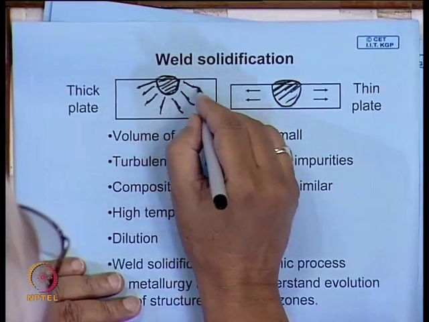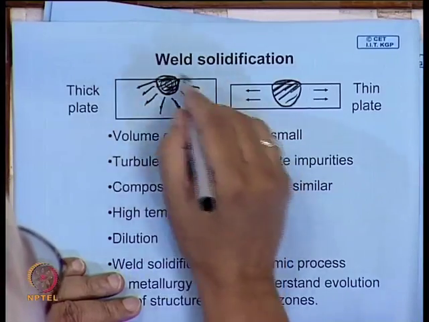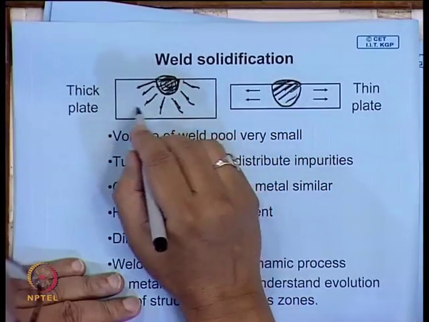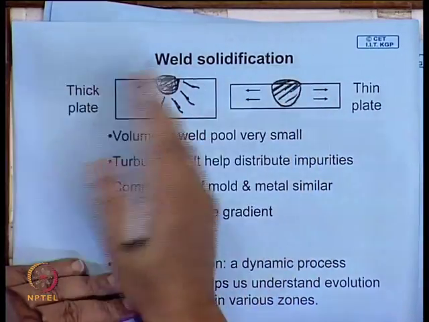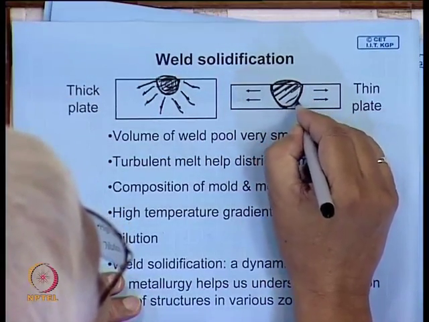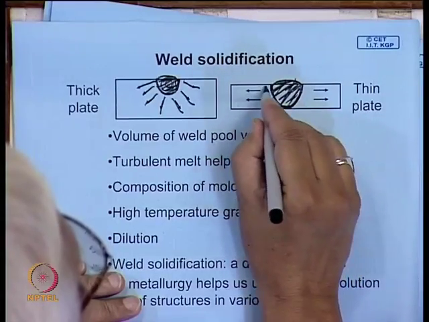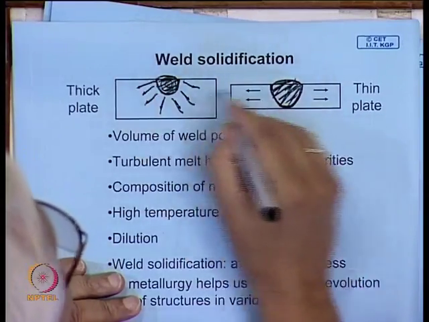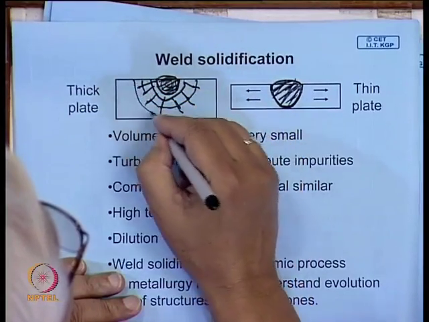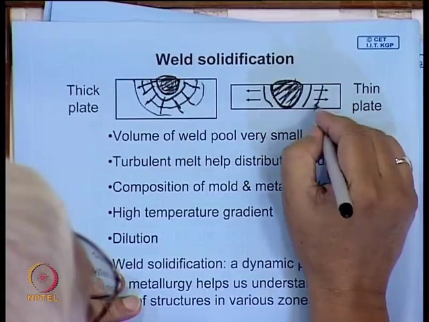We can visualize something like this. We approximate this as a point source with respect to the thickness of the plate, and heat flows in all possible directions in 3D. Whereas in this case, this is the thin fusion layer and this is the molten pool, and the heat is flowing in two directions. So, here the temperature contours in this direction will look like this. Here the temperature contours will look like this.